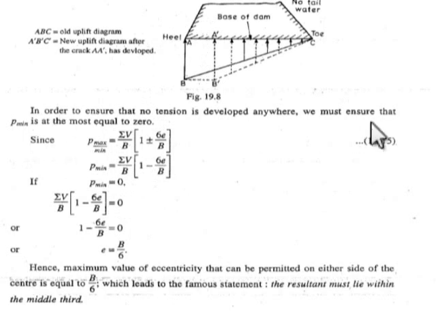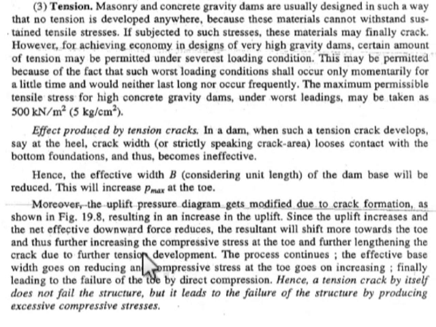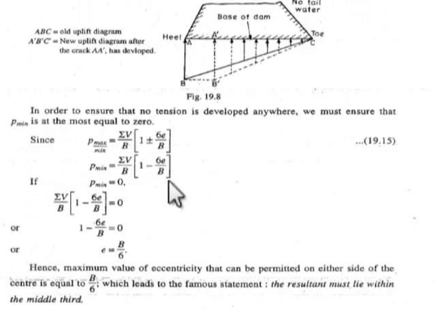We almost consider that tension should be equal to 0, although we allow around 500 kilonewton per meter square as the maximum allowable tension stress, but for the computation we use 0. From that, eccentricity E comes out to be b by 6, and that is the most famous result of the middle third rule, which says that the resultant must lie within the middle third.